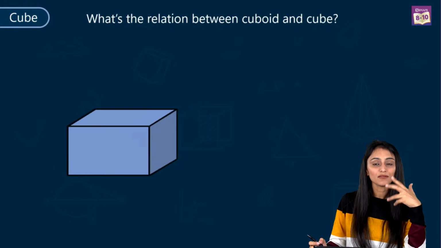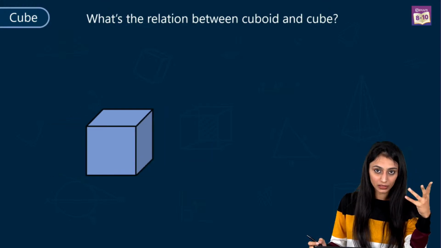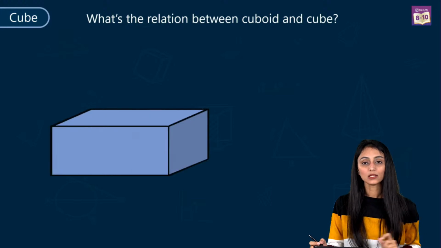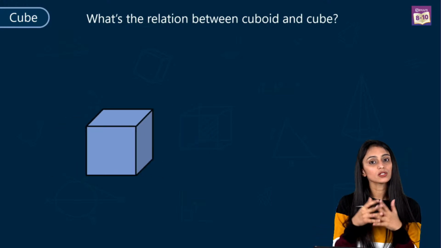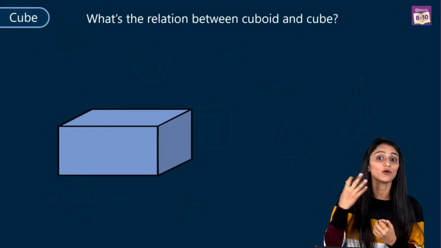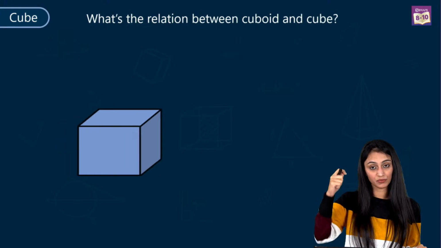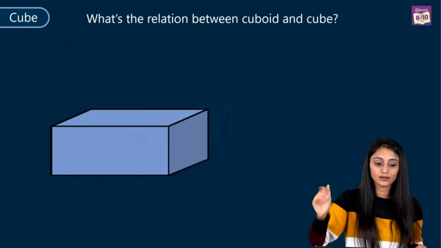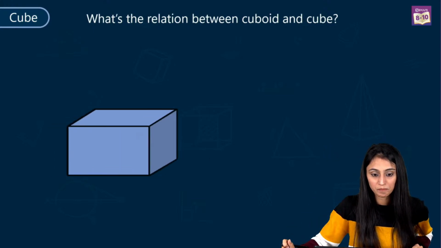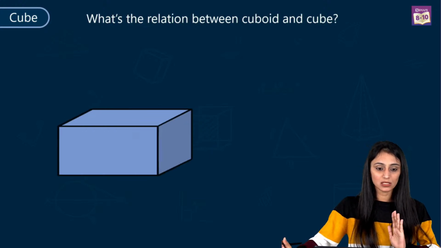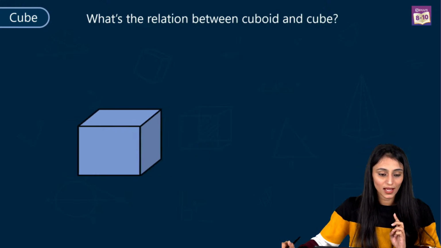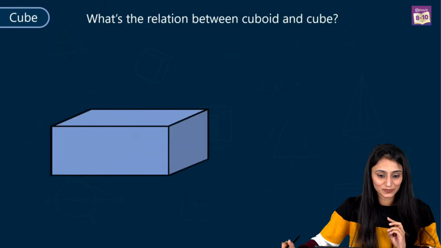So cube is another 3D figure, just like a cuboid. The only difference here that we have, so what is the relation between a cube and cuboid? Cube is also a type of cuboid where all the dimensions, if you see, they have the same measurements. I think, Deepak, I have answered your question. Thank you, Niranjana KP.